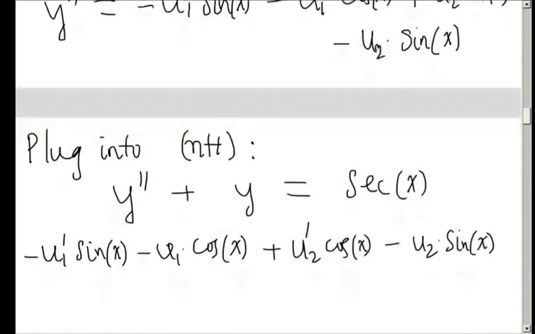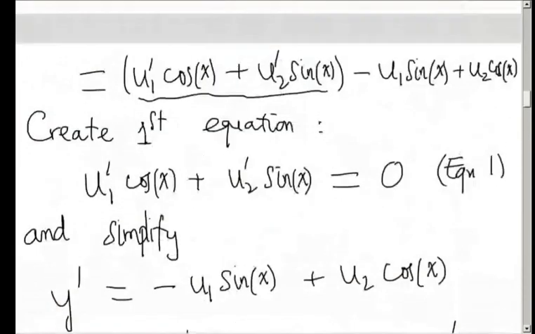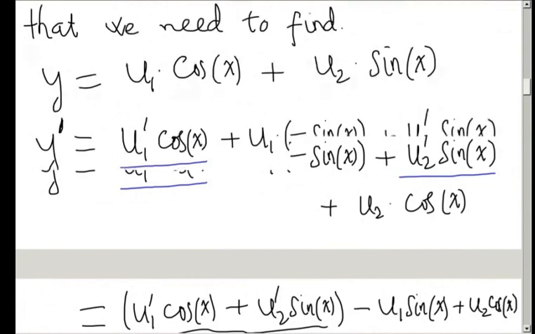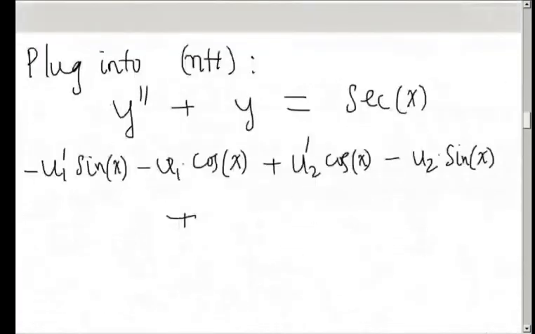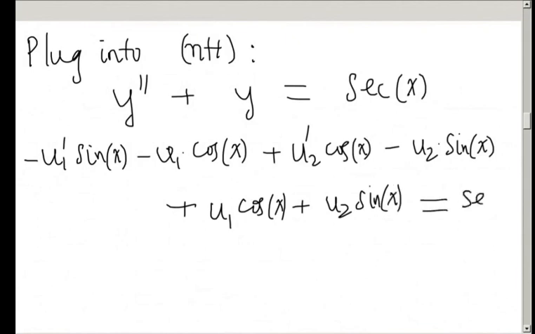It's a little bit long here. Plus y. Y is what? Let's go back to y. Y is u1 cosine x plus u2 sine x. So over here we have u1 cosine x plus u2 sine of x. And on the right hand side we have secant of x.